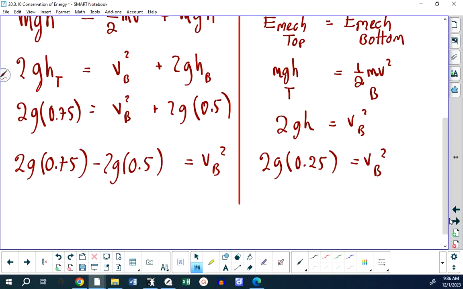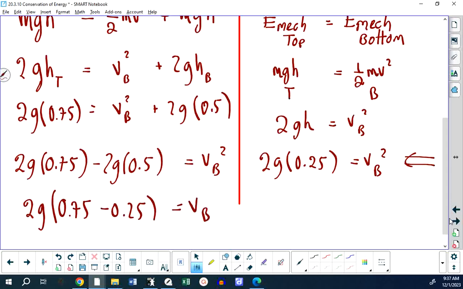But these two equations that are on the same line are the same. I don't want to turn this into a math lesson, but I can factor 2g out of these two terms and be left with 0.75 minus 0.25. So the result is the same.